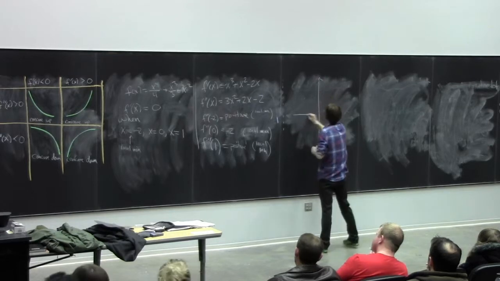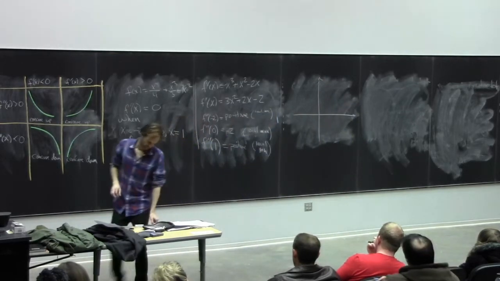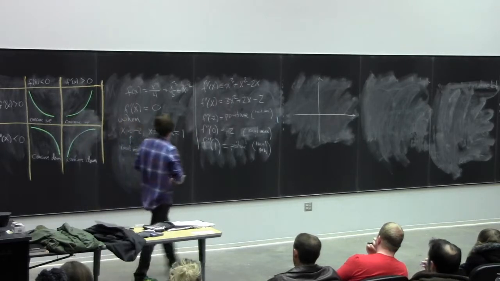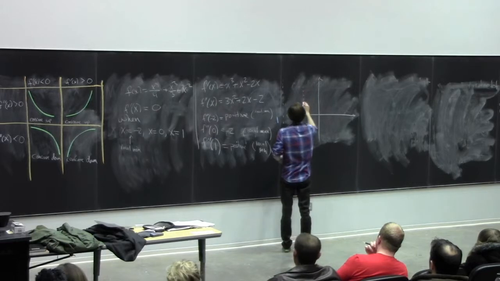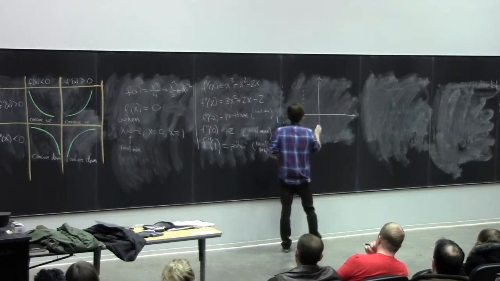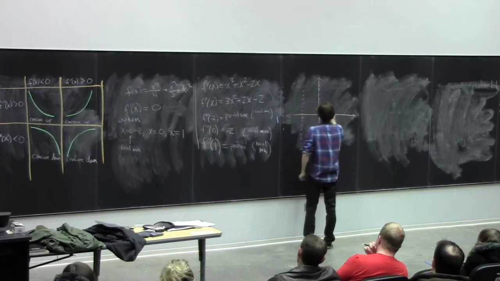So what you need to do is start plotting here. We have x equals -2. So here's -2, and then here's 0, and then here's 1.